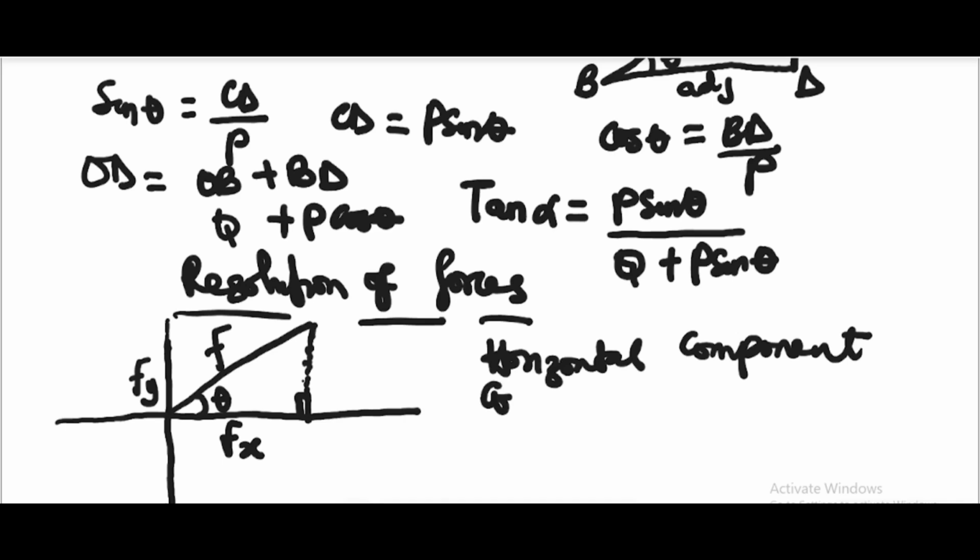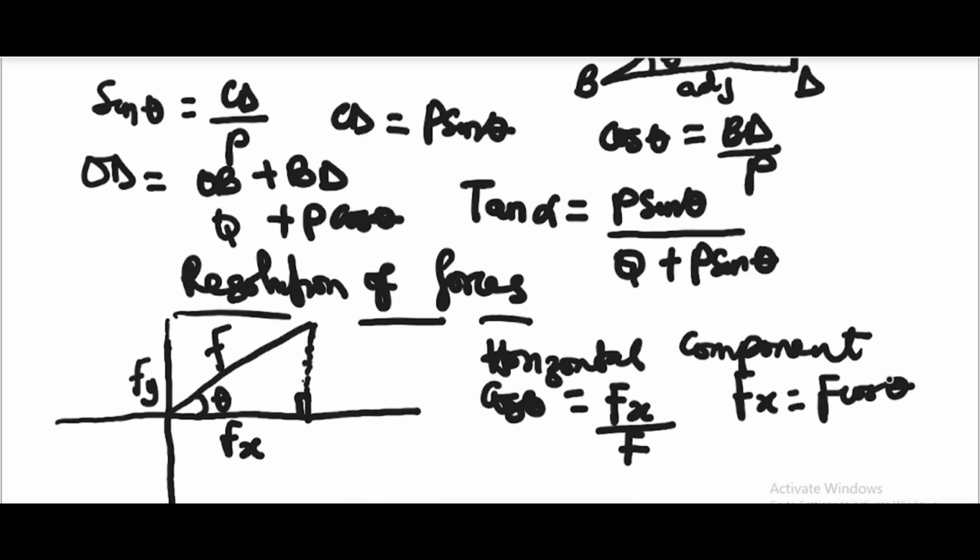So what do we have? We have cos theta equal to adjacent, which is Fx, over hypotenuse, F. So Fx is equal to what? F cos theta.